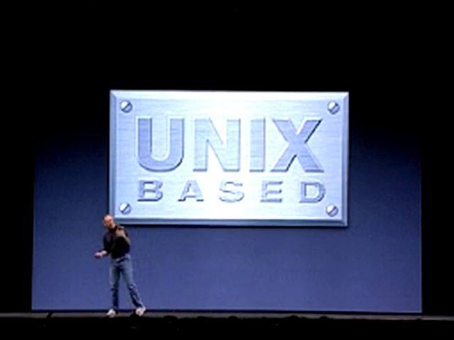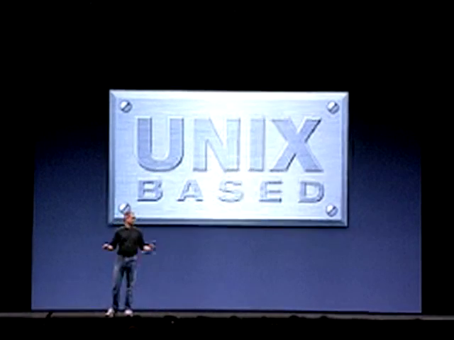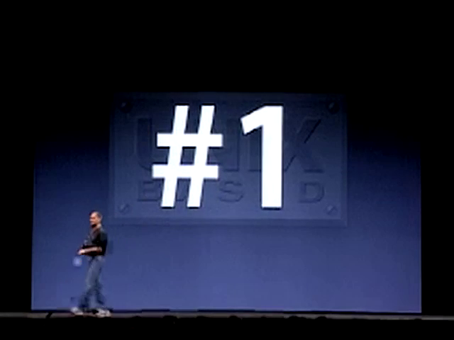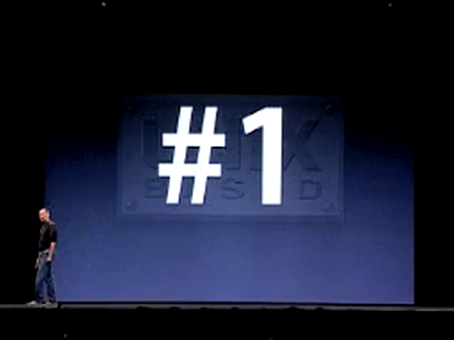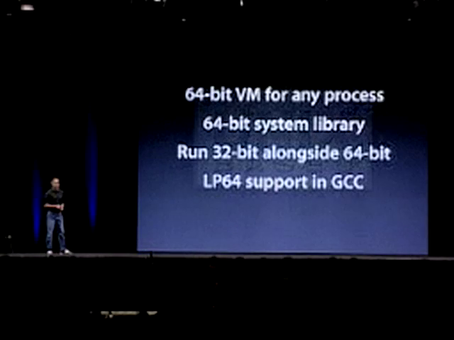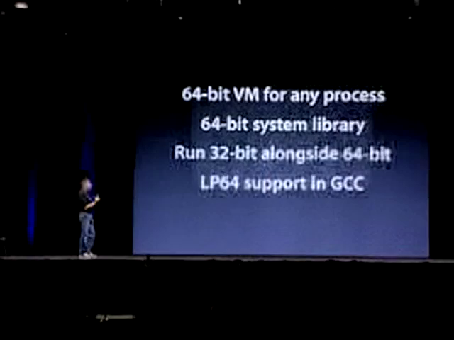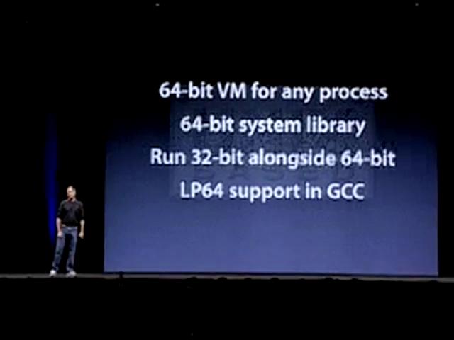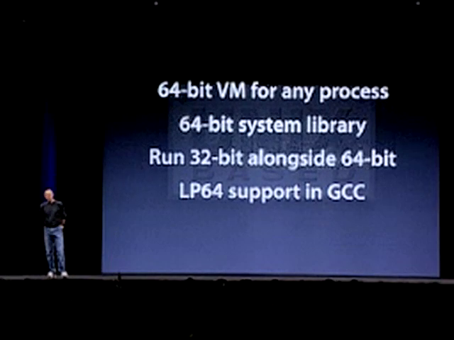First of all, of course, Tiger is OS X. It's Unix-based, and OS X is the #1 Unix in the world by volume, by unit shipments. #1. And in Tiger, the biggest request we got was for 64-bit. And so Tiger is going to deliver on this. In Tiger, you can have 64 bits in any process you want. Any process can be a 64-bit process.